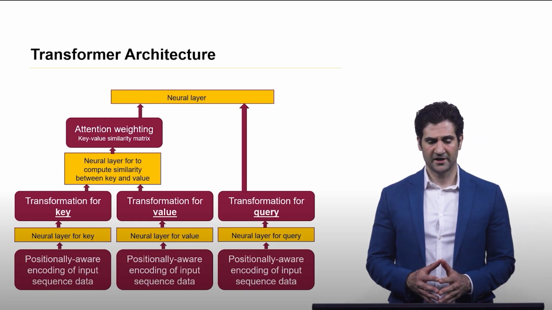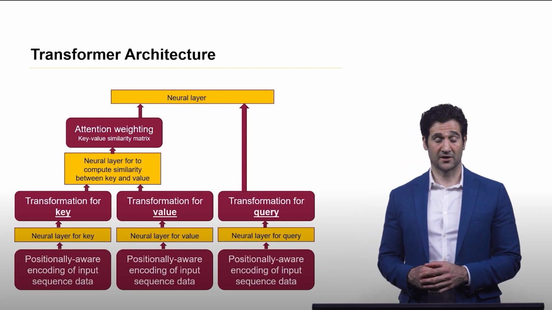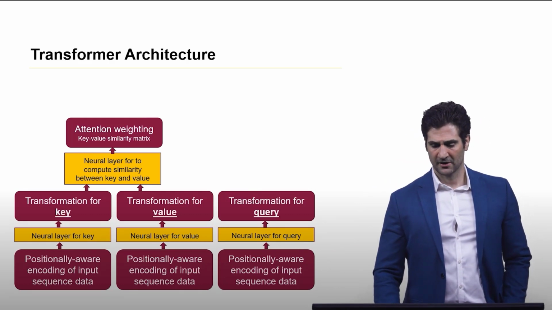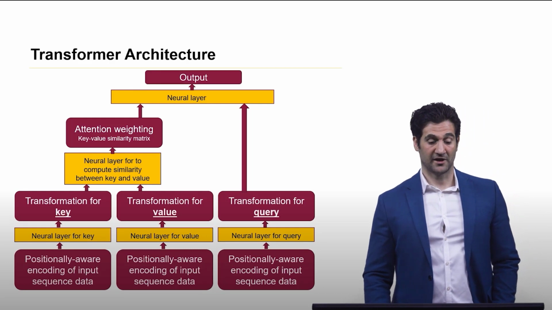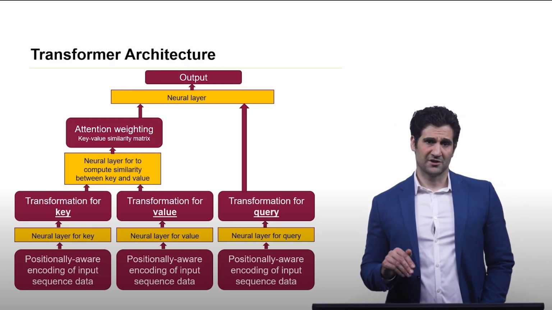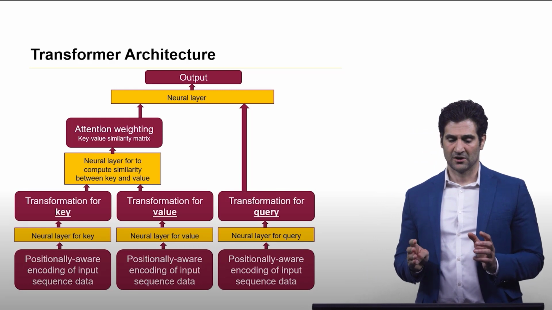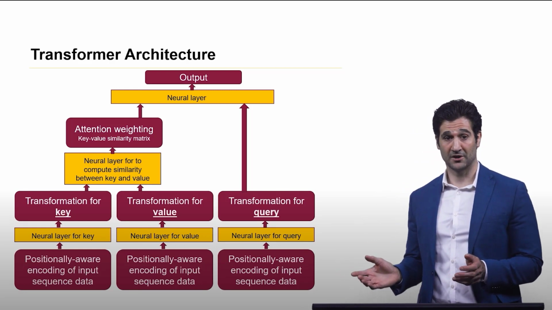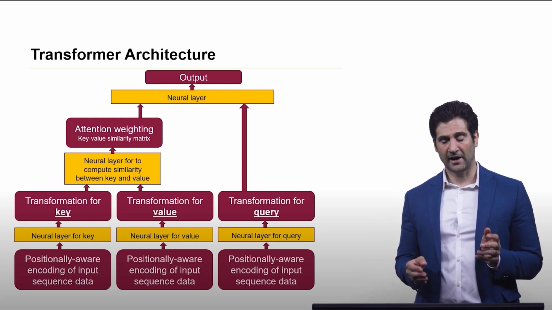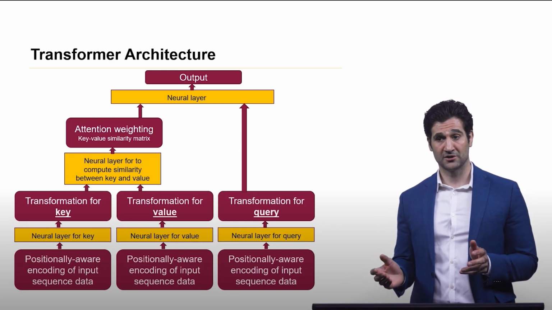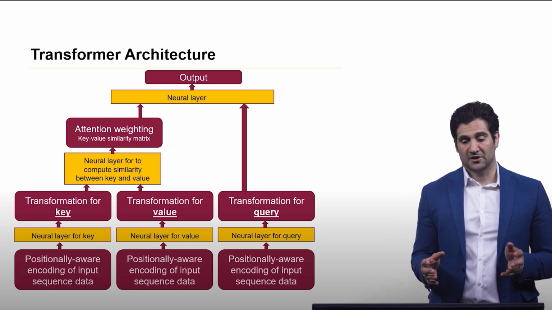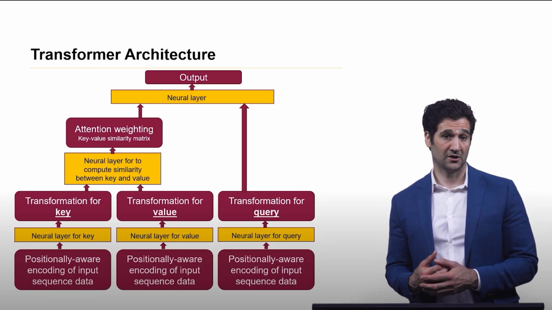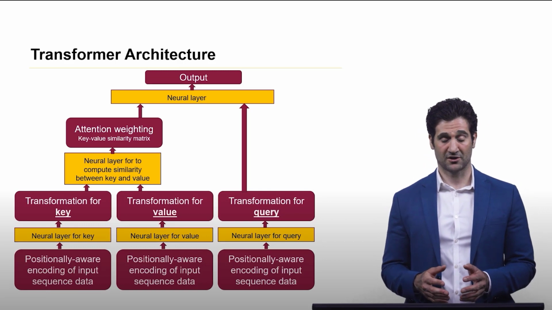Now the attention weighting is then combined with the transformation of the query in another neural layer that provides you the output. Now what's interesting here is the positional relationships between the different inputs, how important those relationships are to each other, really starts to fall out in the similarity matrix.